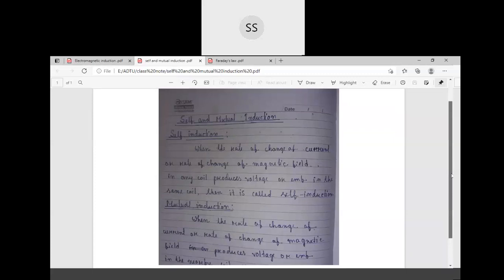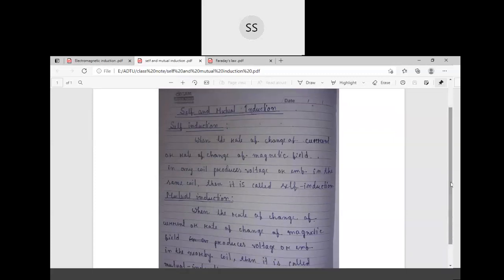In case of self-induction, when the rate of change of current or rate of change of magnetic field in any coil produces voltage or EMF in the same coil, then it is called self-induction. So in self-induction, EMF is induced in the same coil in which we are creating a change in magnetic field or change in electric current.